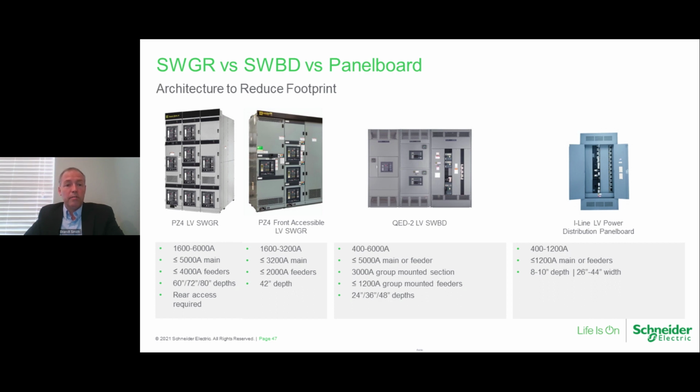For example, instead of using metal-clad low voltage switchgear, can we take that down to a switchboard? If we can move that down to a switchboard, there is a significant cost savings and a significant space savings as well. And in some cases, you really don't gain much for your electrical system by moving up into the higher rated equipment.